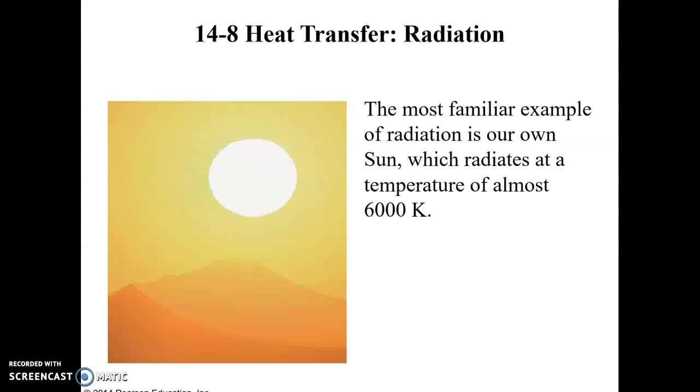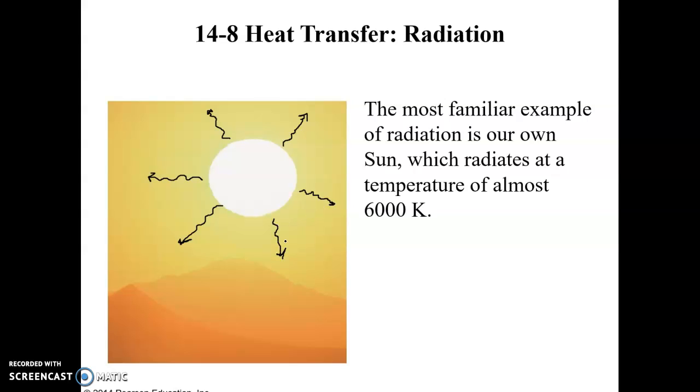And if we move on to the third way in which heat can be transferred, it's radiation. So there is no air or fluid or solid material between us and the Earth. In outer space, it's just a vacuum. So how does that heat get to us? And the answer is it's radiation.